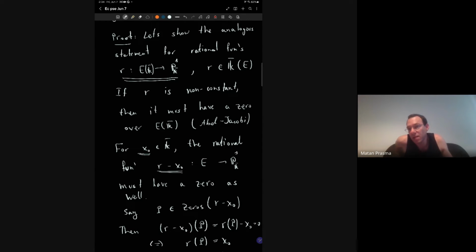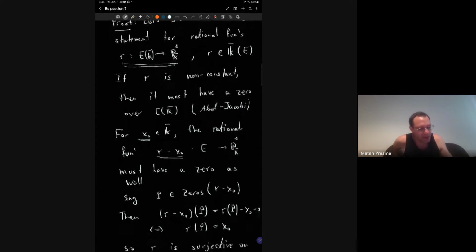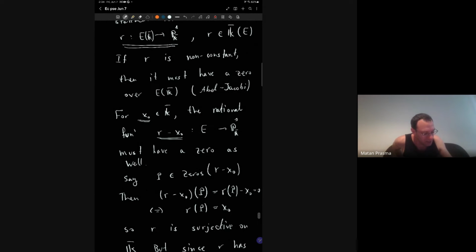This is a non-constant rational function, right? It has to have a 0. But what does it mean that it has a 0? It means that this equation star is satisfied for some P, right? Okay, so it means that I can reach every x0 by some point P.